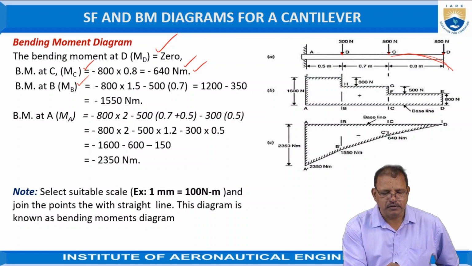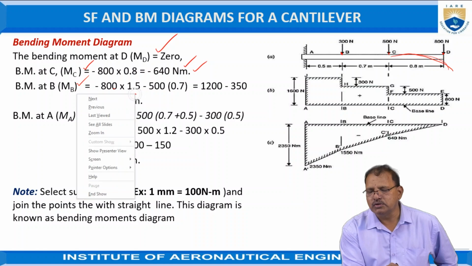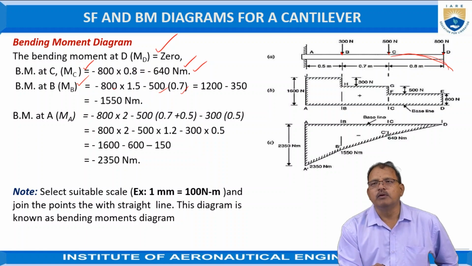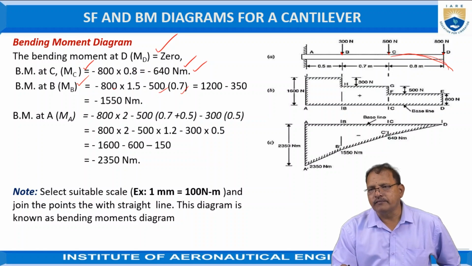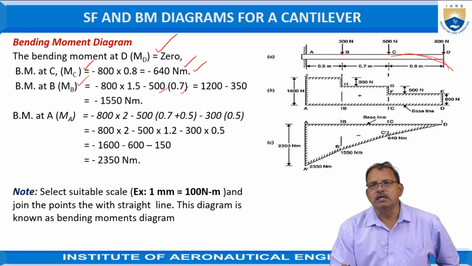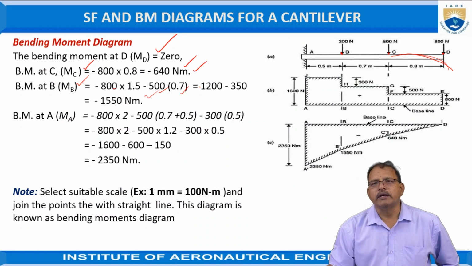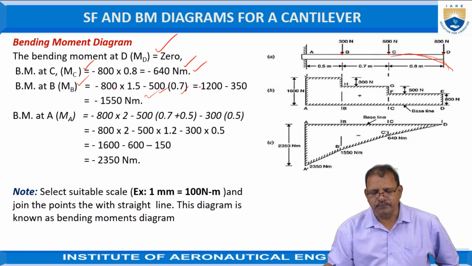That is 800 into 1.5, since 0.7 plus 0.8 is 1.5, plus 500 into 0.7. Both tend to rotate the body in the clockwise direction, or their effect is convexity at the top, hence it is treated as negative only. So it is equal to minus 1550 newton meters.